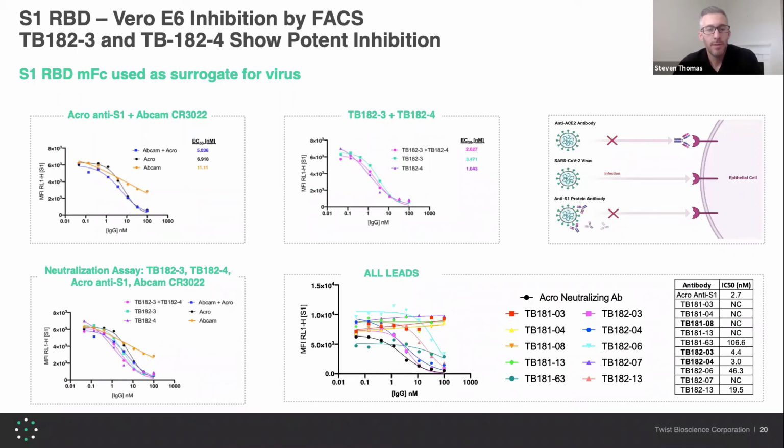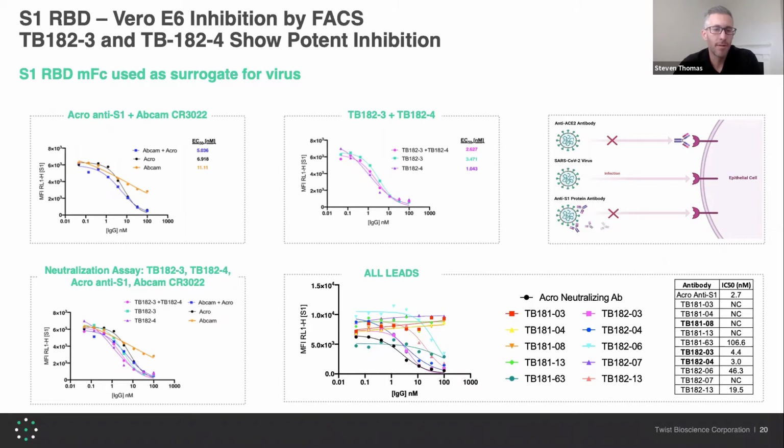So shown here is basically assessing some of these antibodies for their ability to block the interaction between the virus and the ACE2 receptor in a cell-based format. So here we used Vero E6 cells, which naturally express the human version of the ACE2 receptor. And we use mouse S1-RBD as a surrogate for the virus in this case.